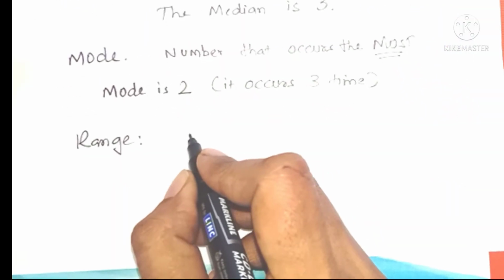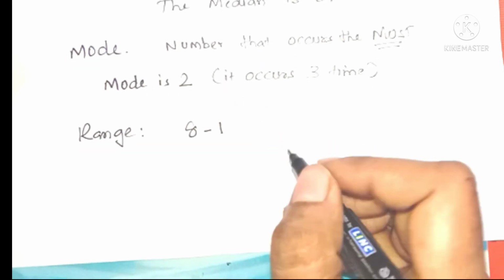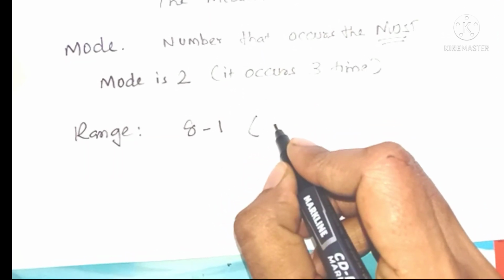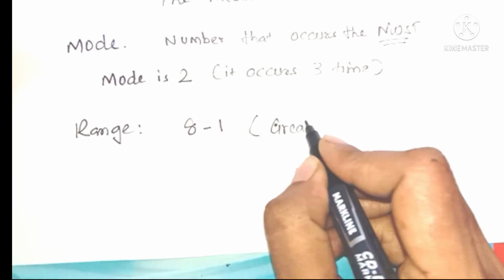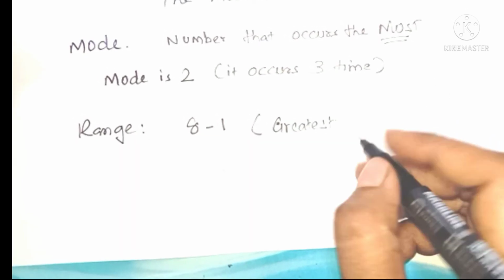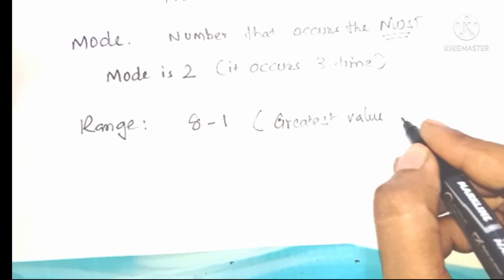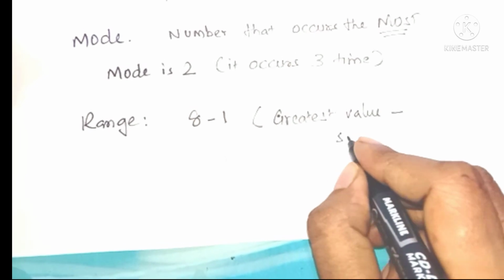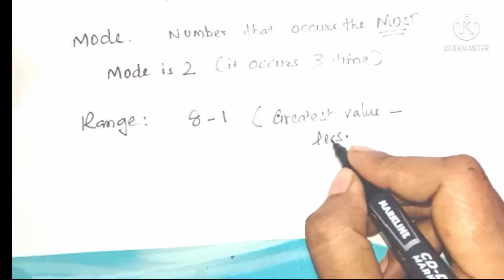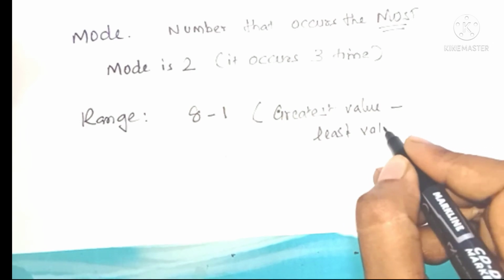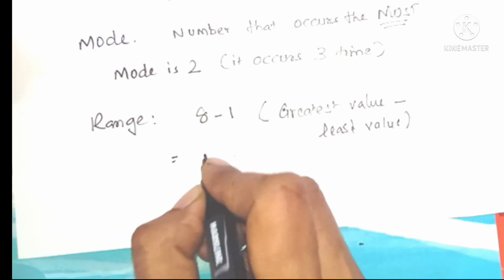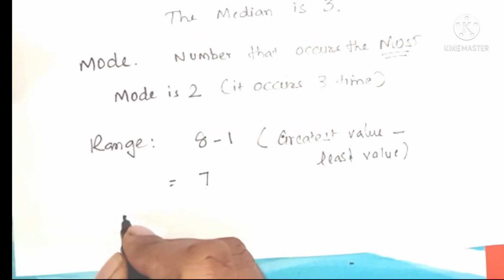You have to subtract 8 minus 1, or we can say greatest value minus smallest, or least value. So we get the answer 7. So the range is 7.